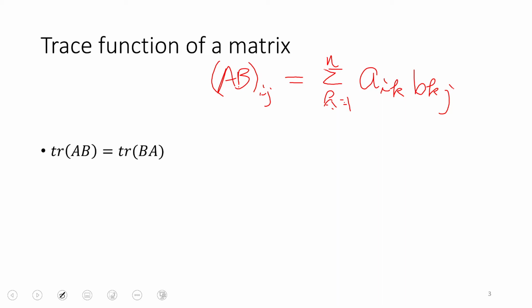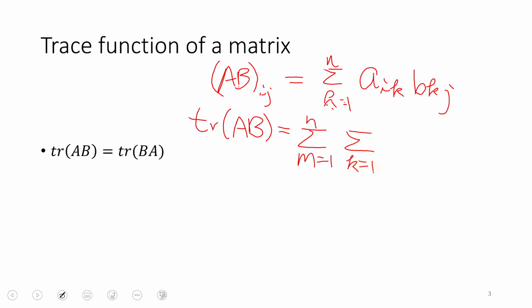So the trace of AB is therefore, if you let i and j equal each other, and we use m for example, the summation with m from 1 to n, and then summation with k from 1 to n, with i and j equal to m, so it's Amk times Bkm.